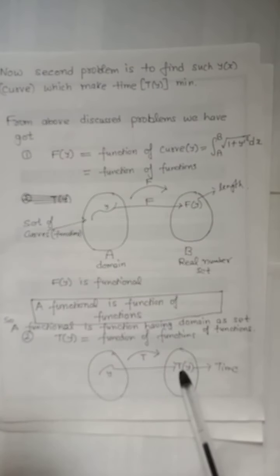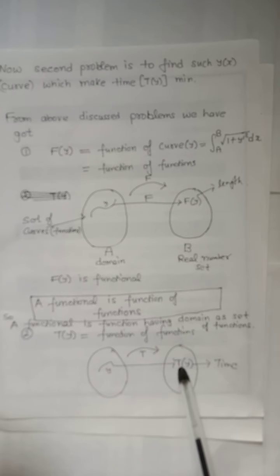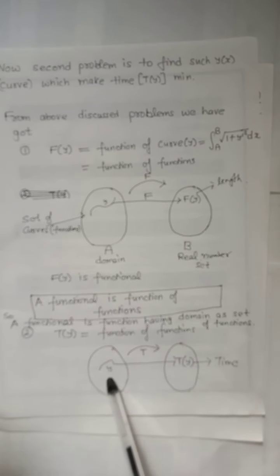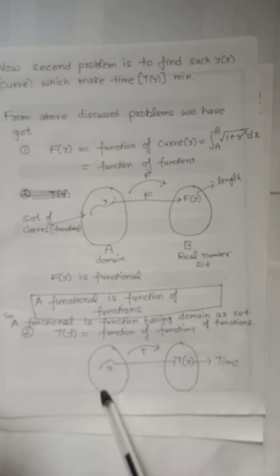Similarly, we can explain the second problem. In the second problem, T is a correspondence between a set of curves and real numbers. Here T(y) is representing time, and this is a set of curves joining point O to A. This means this domain contains many curves, or in other words, many functions.